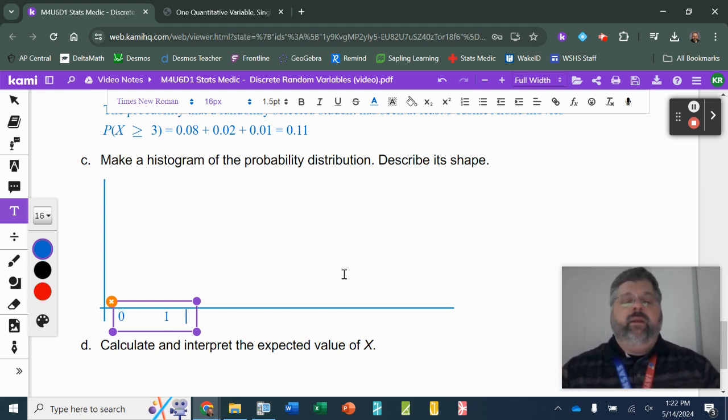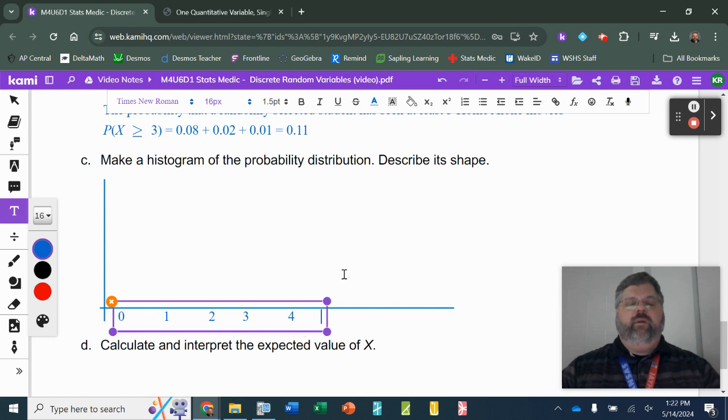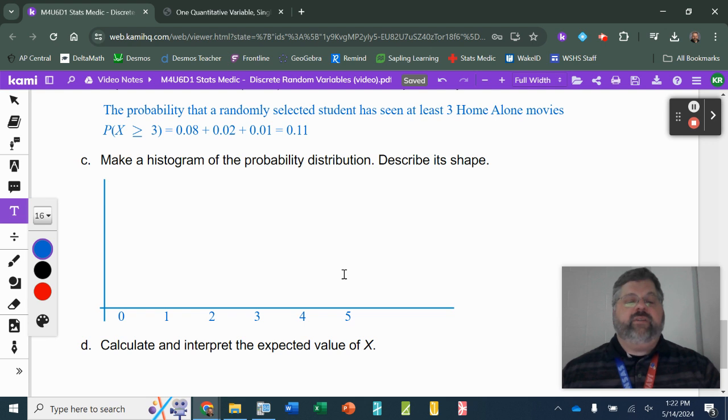Then I'll go 1, 2, that looks to be about evenly spaced. Maybe go back one. There we go. 3, 4, and 5. And I think I need another space in front of the 3. There we go. Those look pretty evenly spaced.